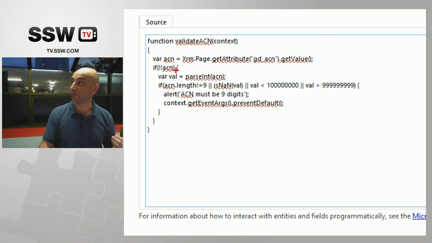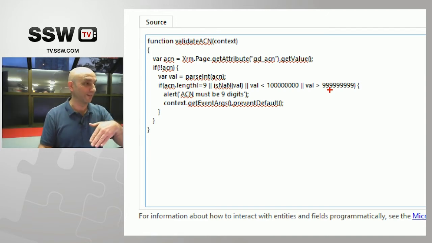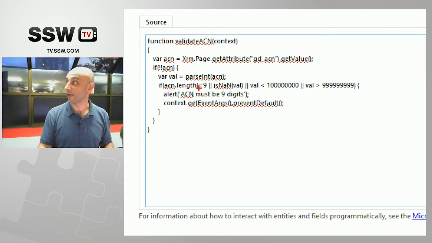Then we're saying if ACN contains a value, and here we're cheating a bit, we're parsing it as an integer, and it needs to have 9 digits, so between 100 million and 999 million. Then we pop up a message and we cancel.